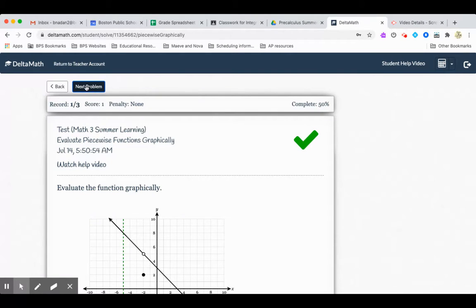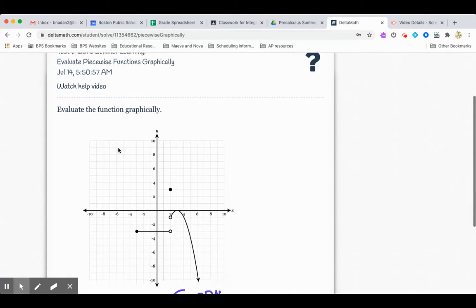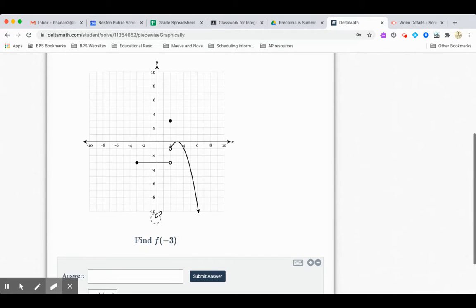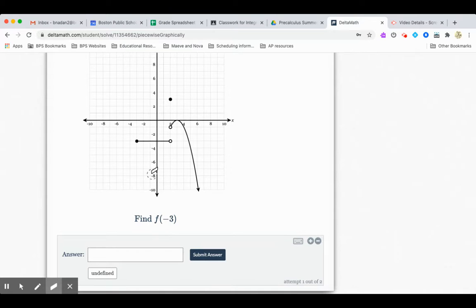I'll do one last one, and I'll talk about any sort of discontinuities, even if we don't have to answer it, because you might get one. Here, there's a couple of weird things. One, this is a function with a restricted domain, because you don't see any output values for -10, -8, -6, -4.